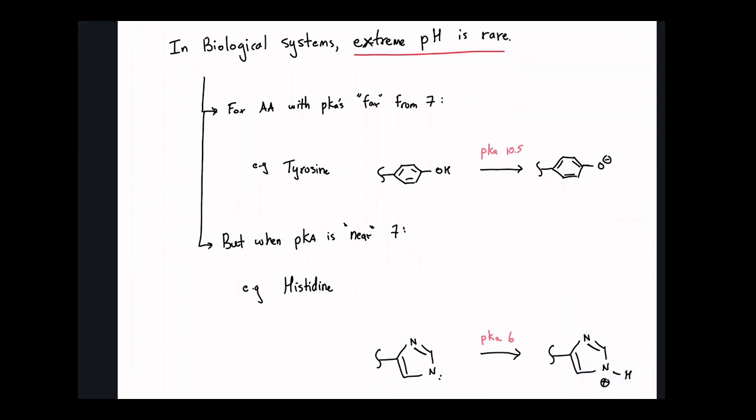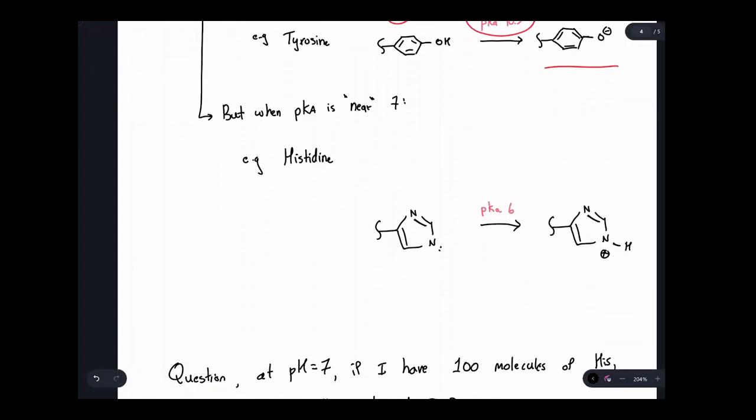Now, for amino acids like tyrosine, where the pKa is 10.5, and it's neutral at pH 7, it's mostly going to be neutral, right? The pH has to get very high to start seeing this, so high that, of course, it would kill cells. But when the pKa is near 7, things get interesting.